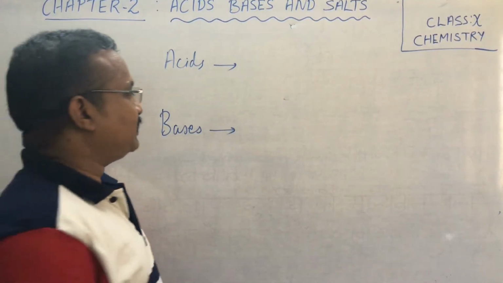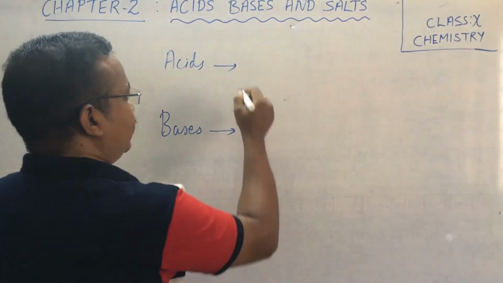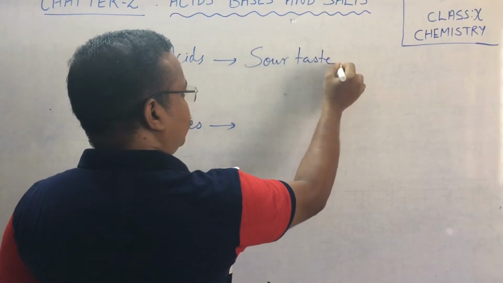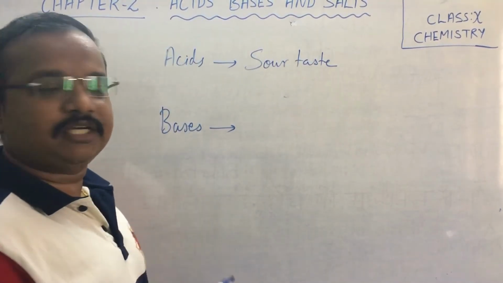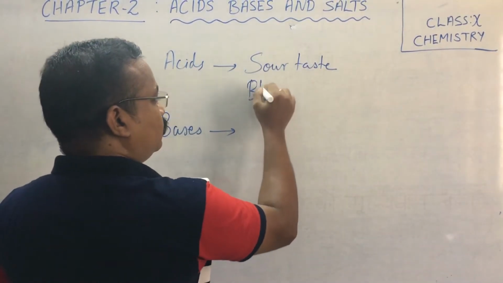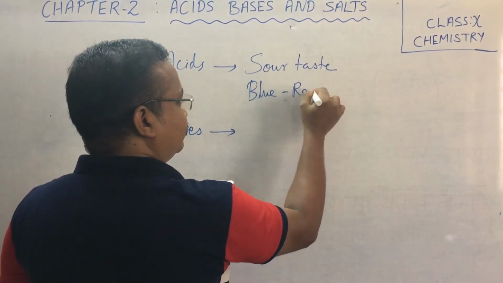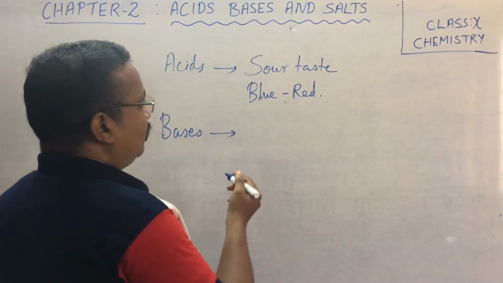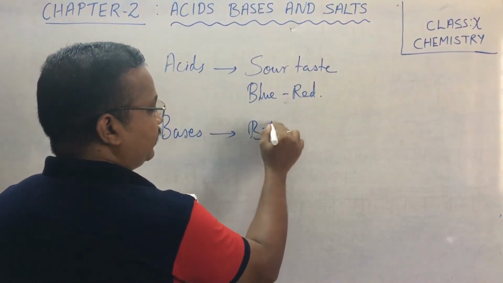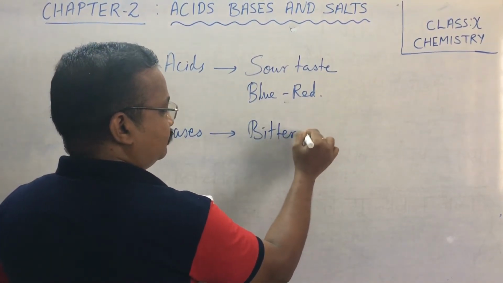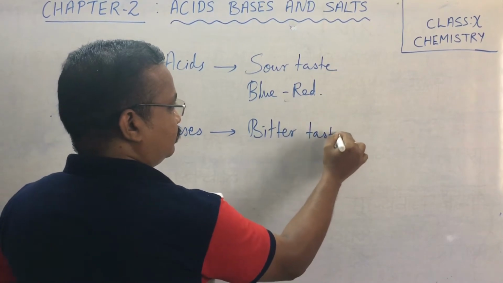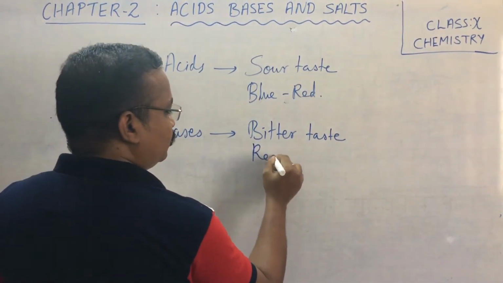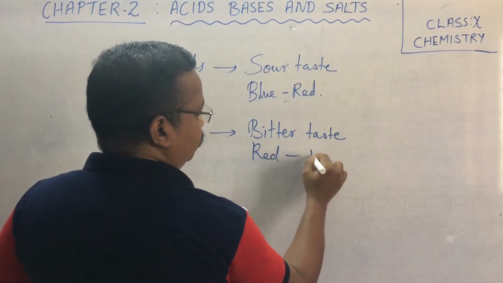So students, we have studied in our earlier classes that acids are sour in taste, and they change blue litmus to red. At the same time, bases are bitter in taste, and they change red litmus to blue.